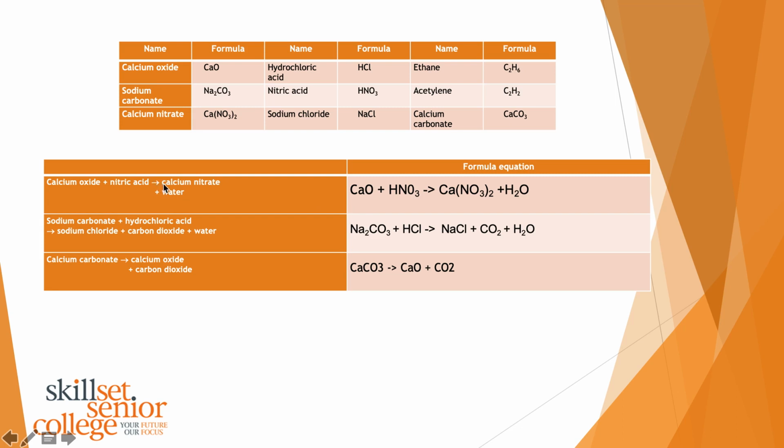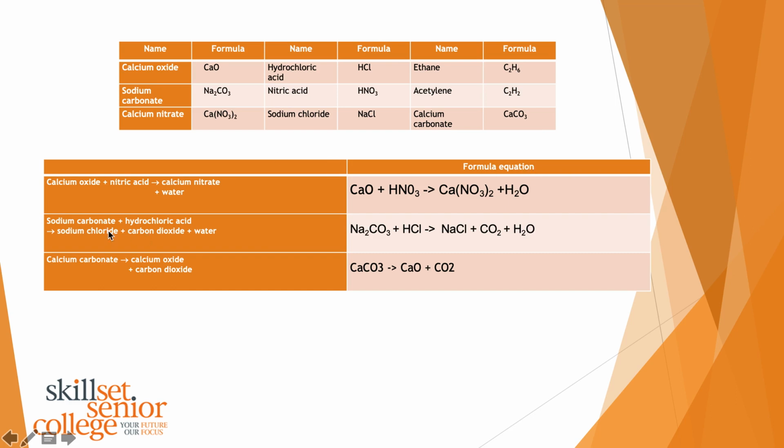The arrow represents the reaction, and now we need to see the products on that side. The products are calcium nitrate and water. Water is not on the table, but we know water is H2O. So write out that formula equation: calcium nitrate is Ca(NO3)2 plus water, which we're very familiar with, H2O.